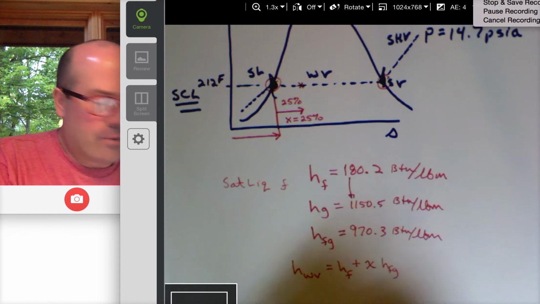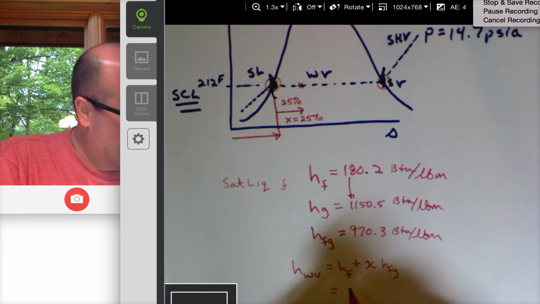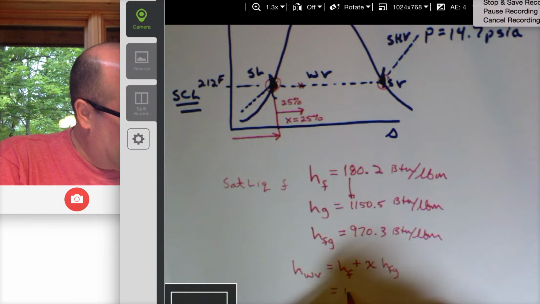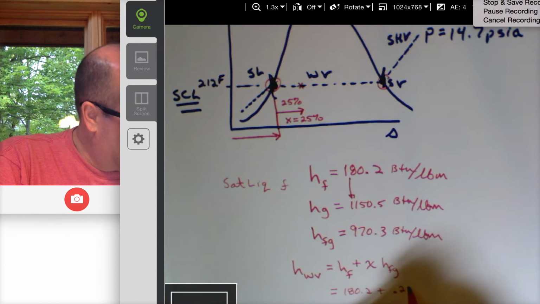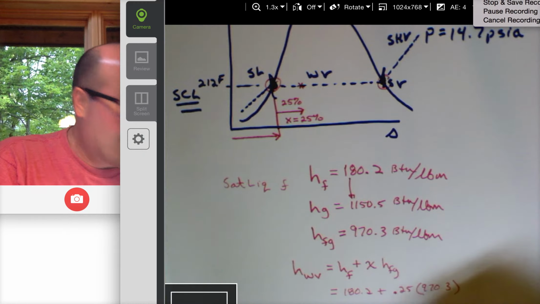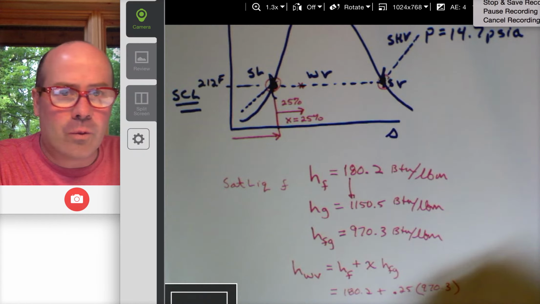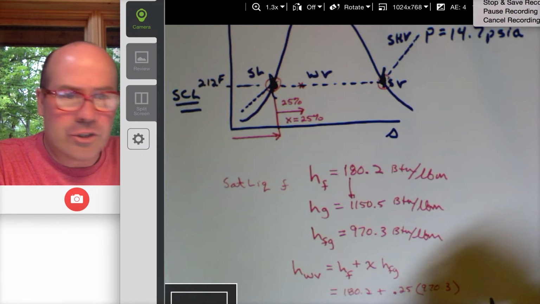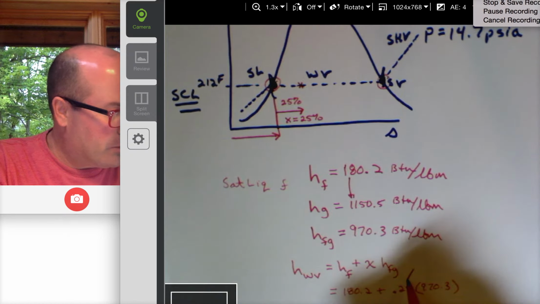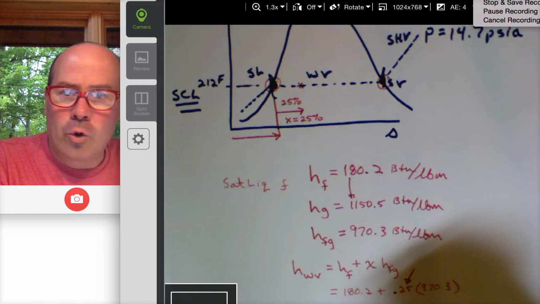So if I wanted to find the enthalpy here, I would say 180.2 plus 25% of 970.3. And I could do this for anywhere in that wet vapor region. All I would have to replace is a different quality.